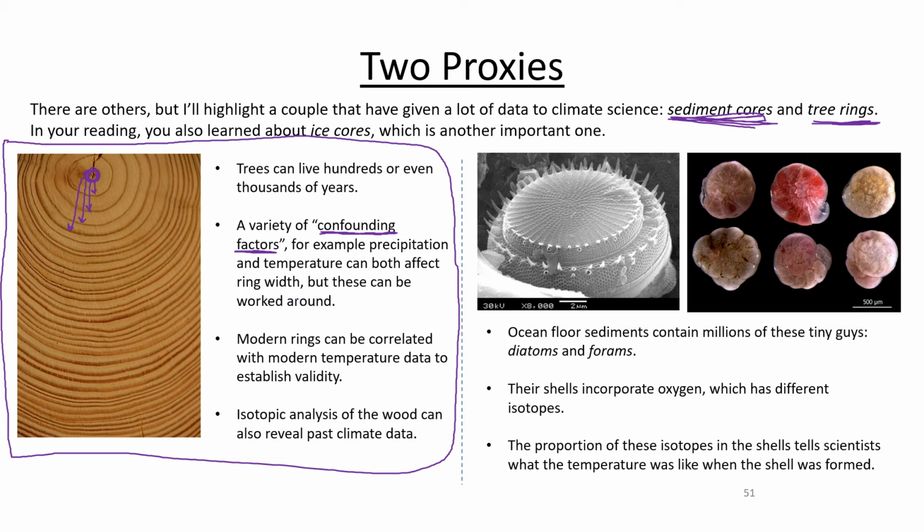Then they look at the rings on that core rather than having to chop down the whole tree, and typically it's done so that the trees will survive after having their cores taken.